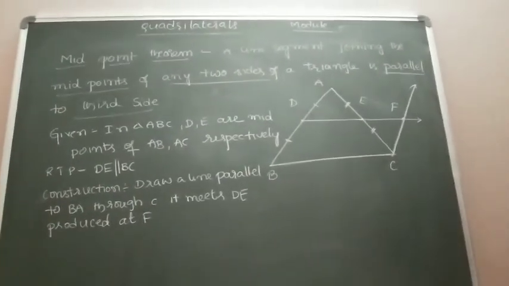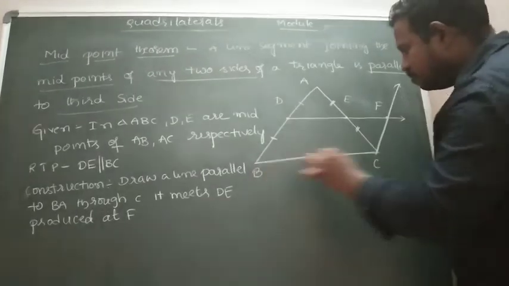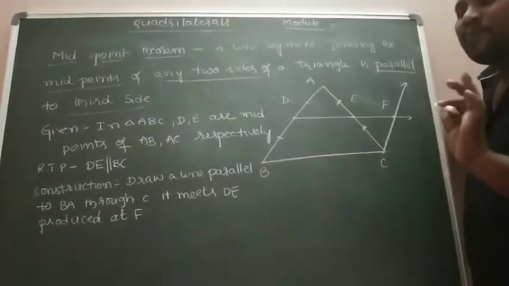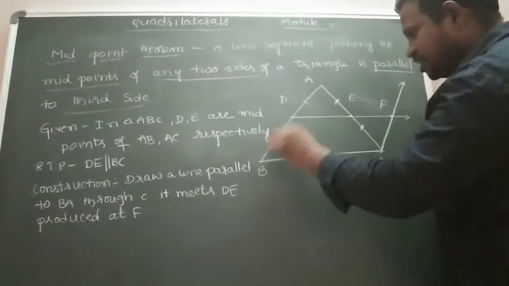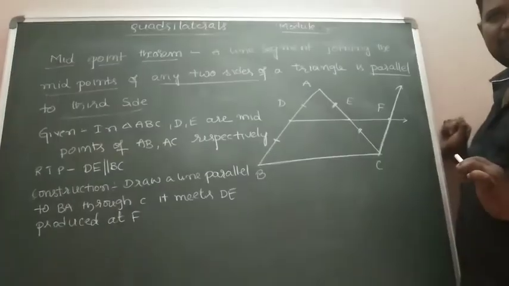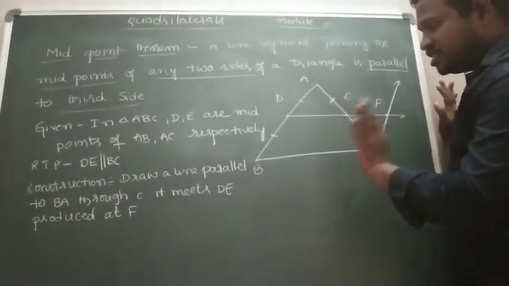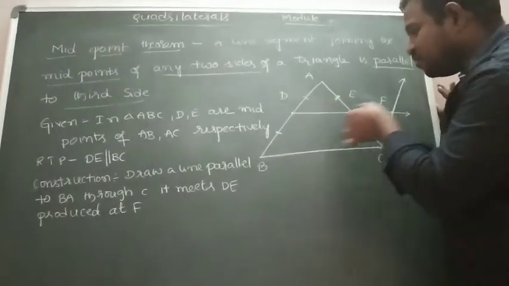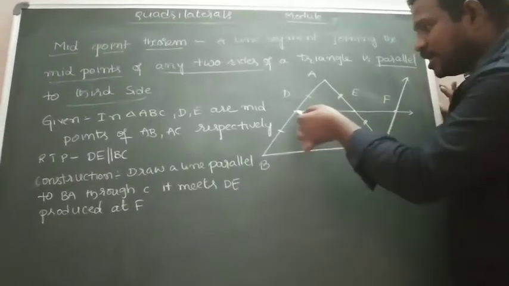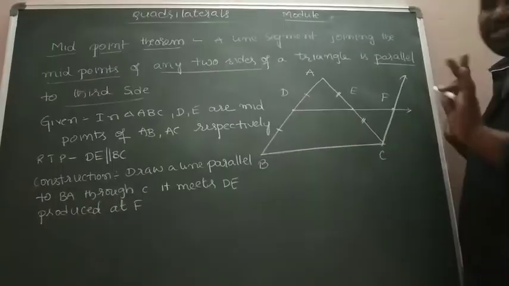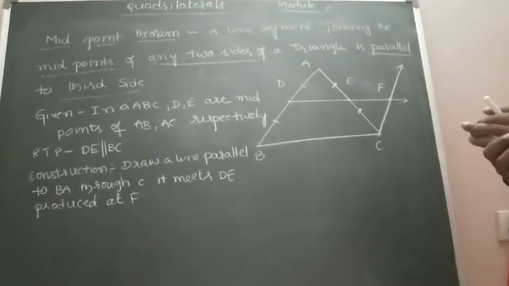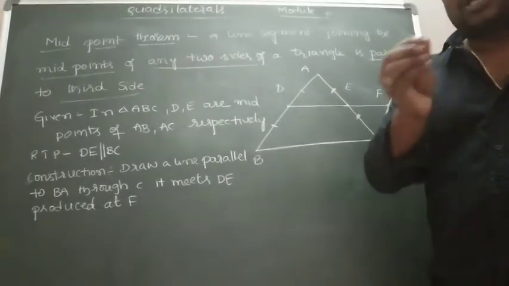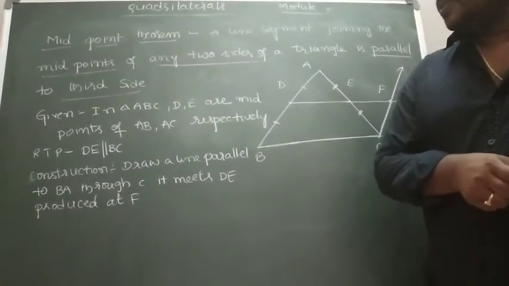For that, I want to prove BCFD is a parallelogram. If BCFD is a parallelogram, then DF is parallel to BC and DE is parallel to BC. Yes. To prove BCFD is a parallelogram, I am just revising one theorem, that is the last theorem.